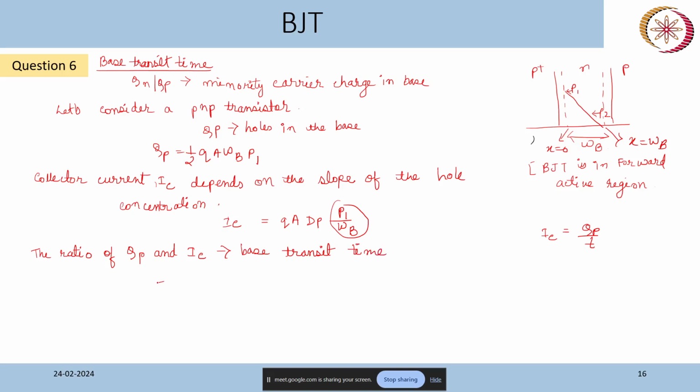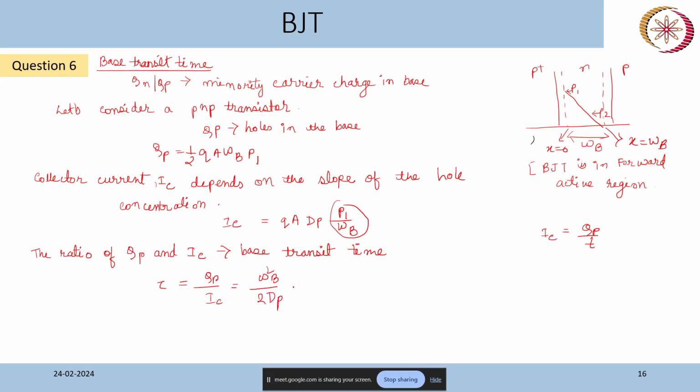So what is base transit time? Tau is QP by IC. QP is this expression, QA, those terms will be cancelled, P1 will be cancelled, so that will be WB square by 2 DP.